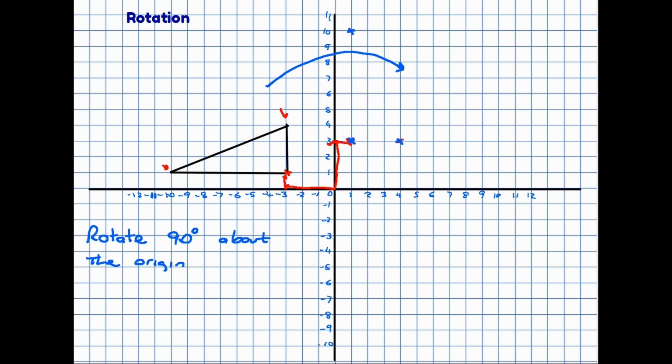Now let me take this back a step, because it's not always the case that the origin is going to be the point of rotation. Let's change the question slightly. We are not now rotating around the origin, we are going to rotate around the point 1, 1, which I've indicated here. Now this means our point of rotation is here.